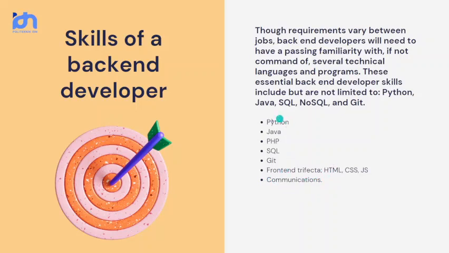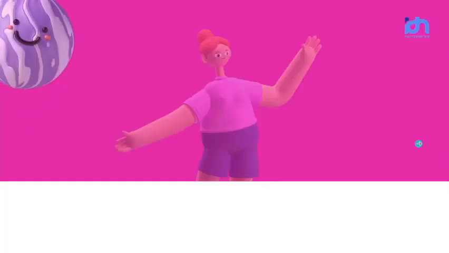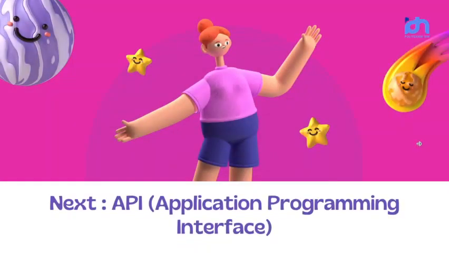So, as you know, the backend developer must know more programming languages than the front-end developer. The front-end developer only needs to know HTML, CSS, and JavaScript. Next, now we will talk about API.